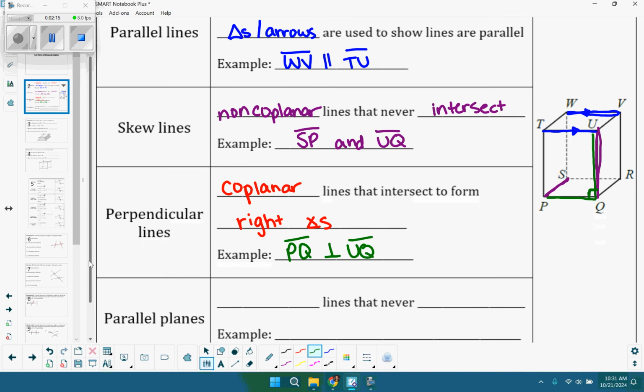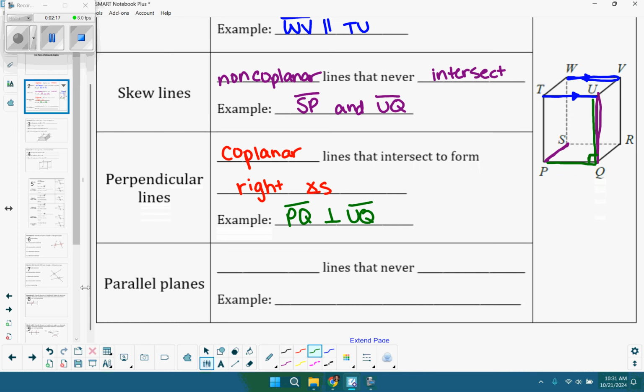And then we have parallel planes. So those are planes. Oh, I just saw that it says lines. Planes that never intersect.